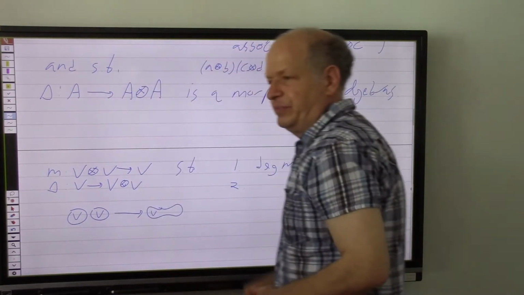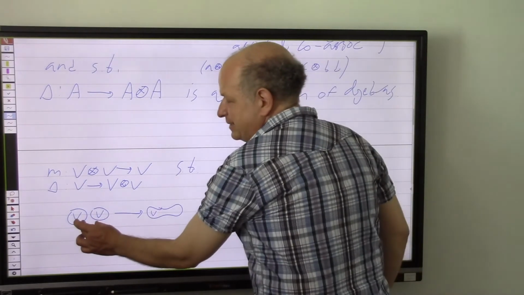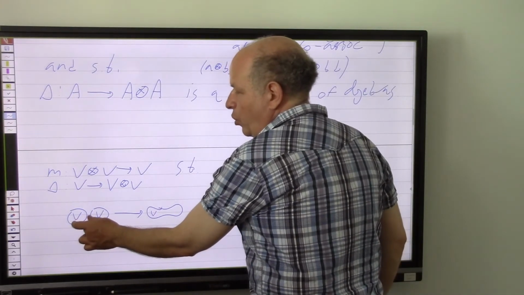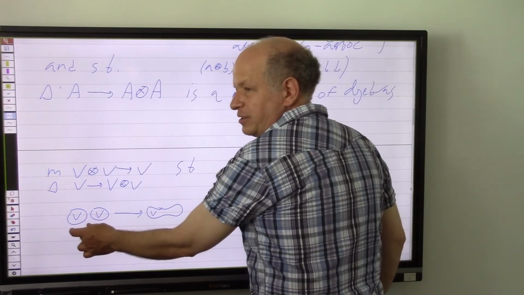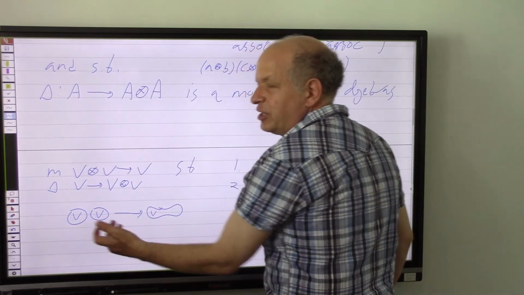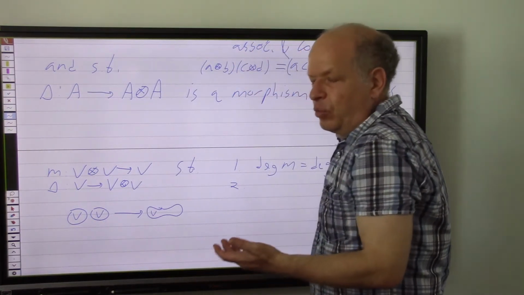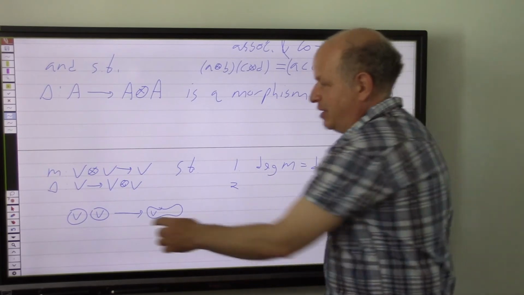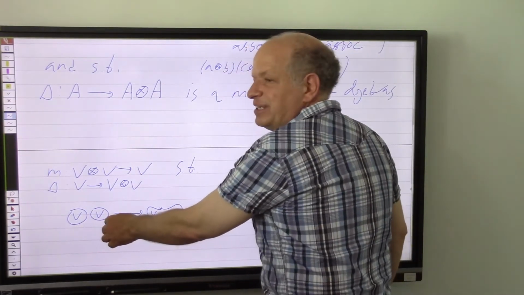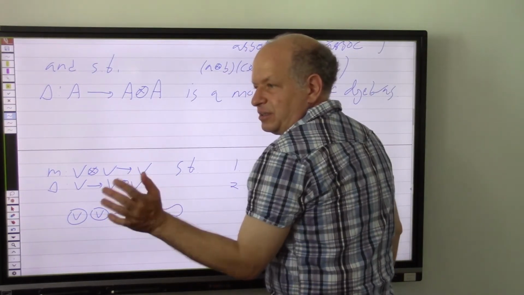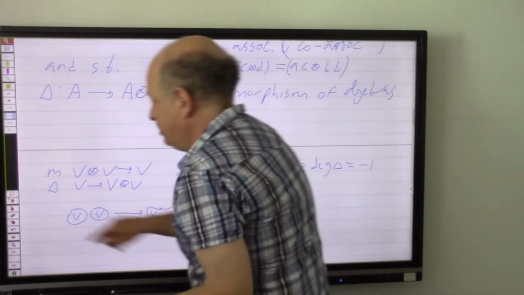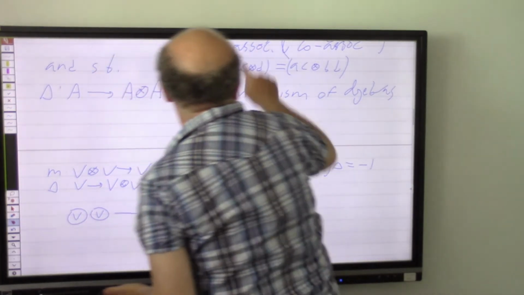That's M. But you see, there was no way to order these two V's. These two V's don't come with a label: I am the first, I am the second. Just look at the pictures.